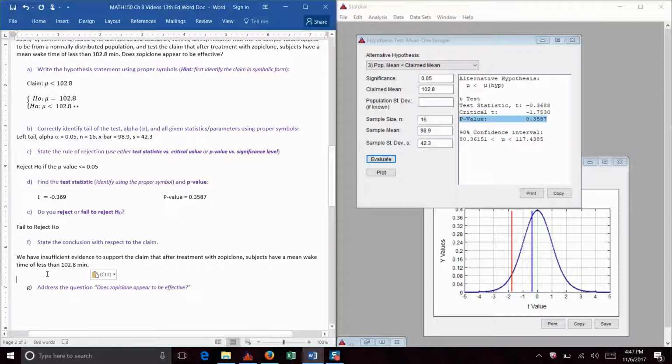So we're concluding we don't have enough evidence to support the claim that the mean wake time decreased. And since that's the whole point of the drug, to decrease the mean wake time, our answer here is no, we don't have enough evidence that the mean has actually decreased. So we don't have enough evidence that the drug actually works.